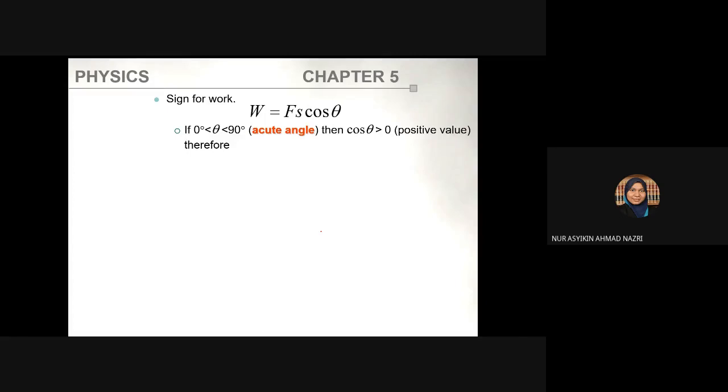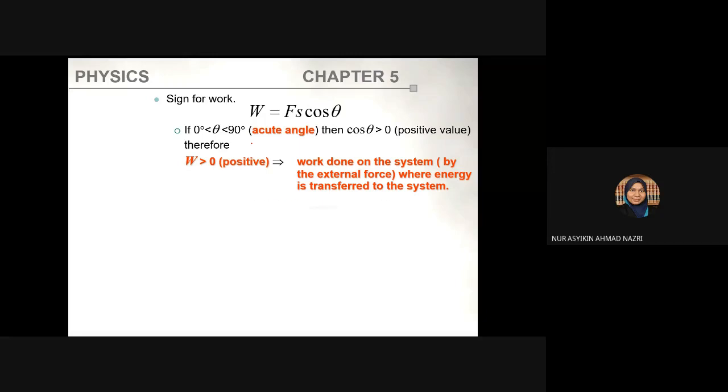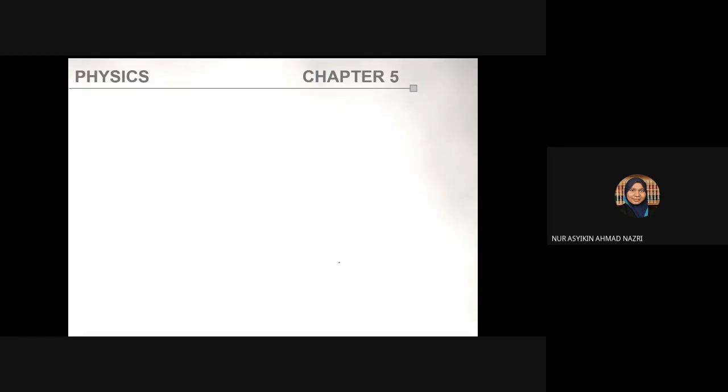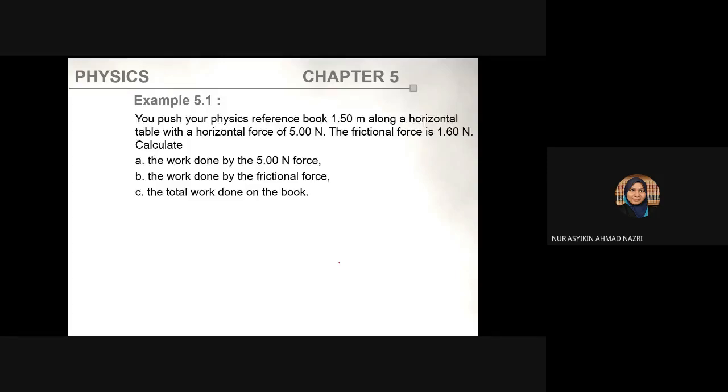Let's say we have for case the angle in between 0 to 90 degrees, so it will have a positive work done. But for case 90 to 180, the work done is negative to show that work done by the system where energy is transferred.